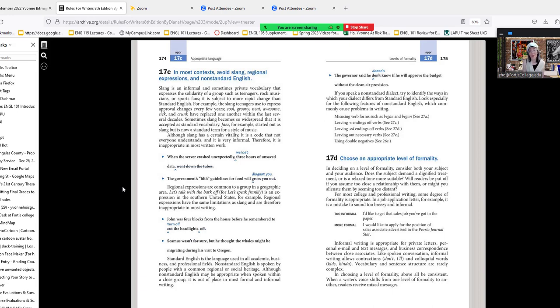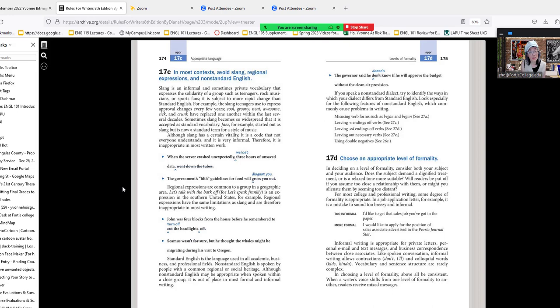So choose an appropriate level of formality. In deciding on a level of formality, consider both your subject and your audience. Does the subject demand a dignified treatment or a relaxed tone? Will readers be put off if you assume too close a relationship with them, or might you alienate them by seeming too distant?